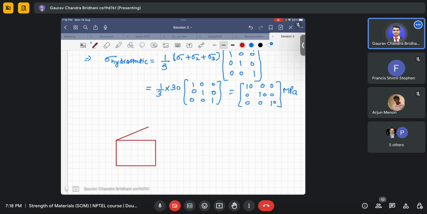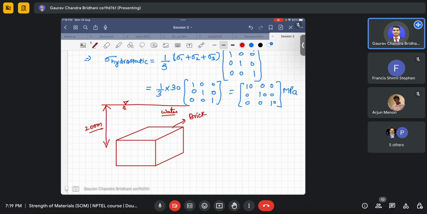Okay, so I draw it like this. Something like this. Now suppose I keep it underwater, at a depth of some 200 meters below water. So suppose this is 200 meters below water. Now this cube, or cuboid, something brick kind of thing, I am saying it is a brick.